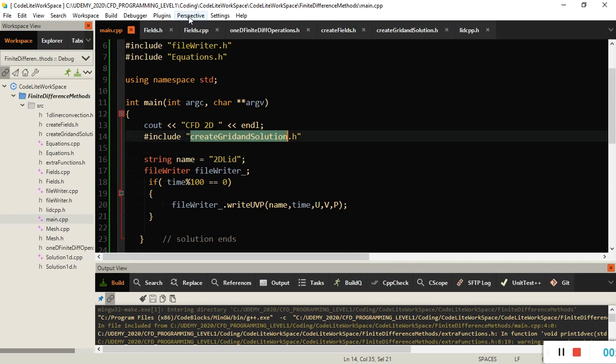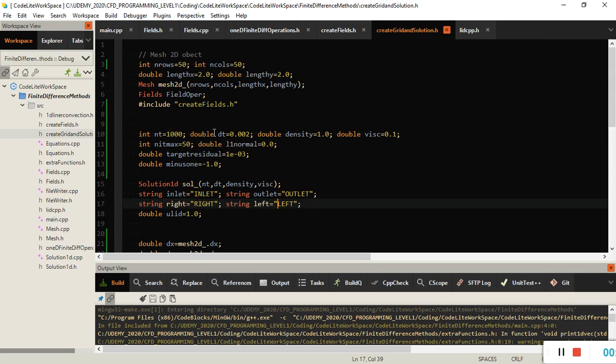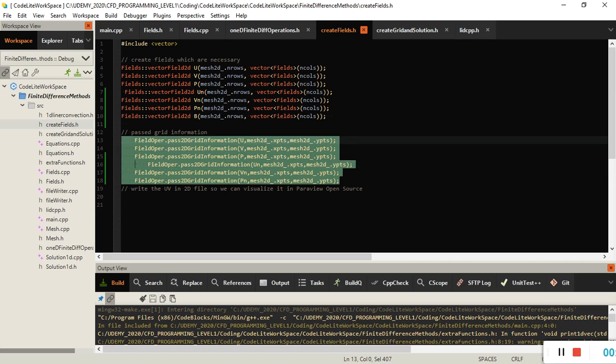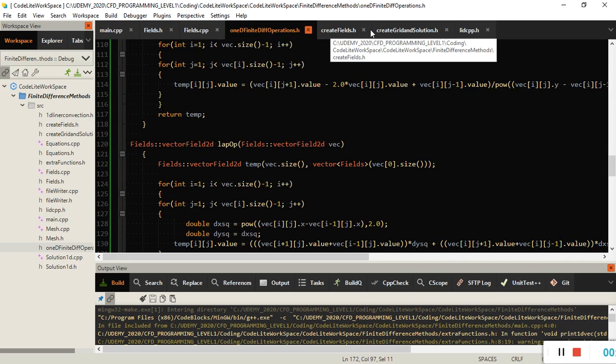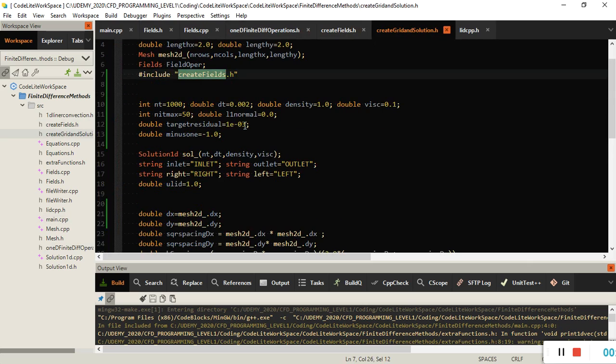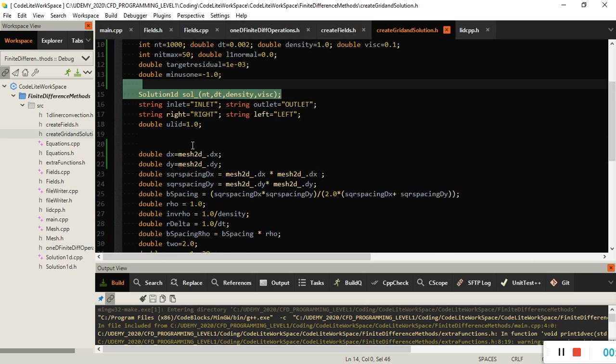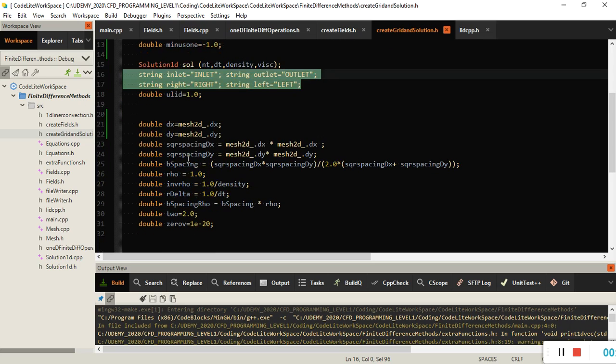One other thing I did is everything that we have seen before, starting from creating the mesh using n rows and columns, length x and length y, and we pass it to the mesh constructor. We create an object of the fields class as well, and we create some fields: u, v, p, un, and we pass the grid information. We create the solution object as well, and we did the boundary names.